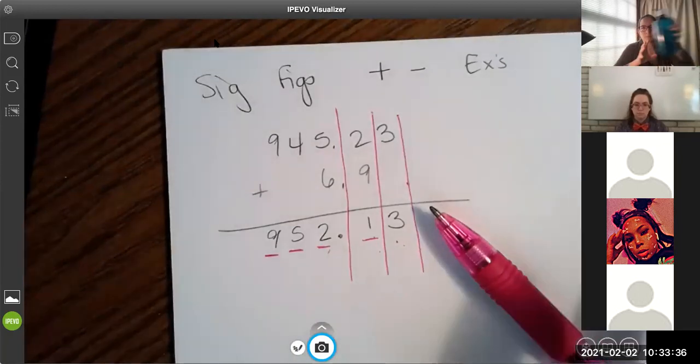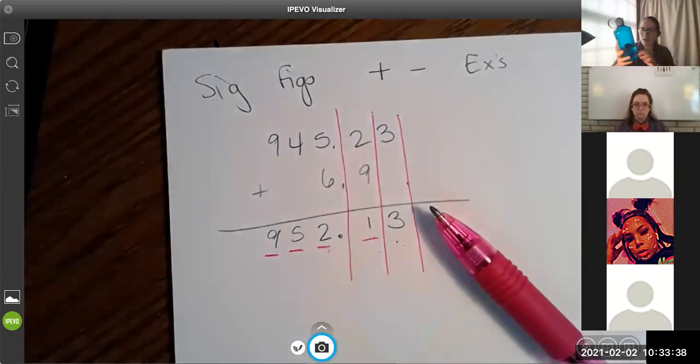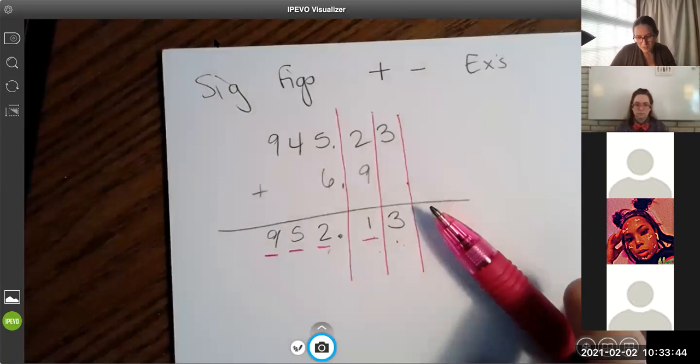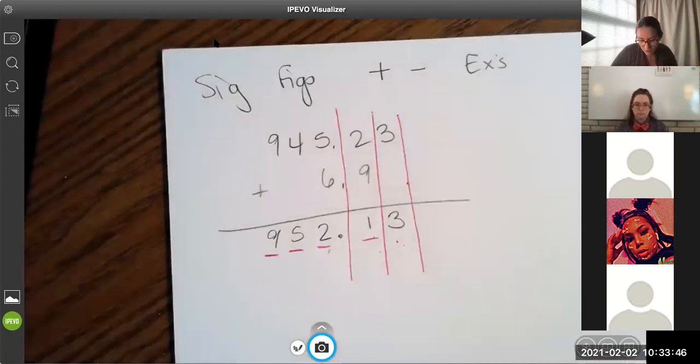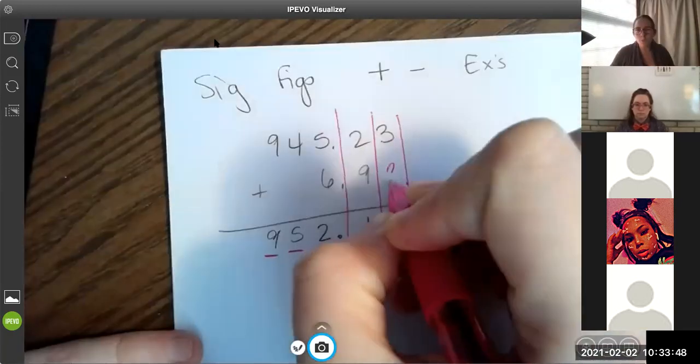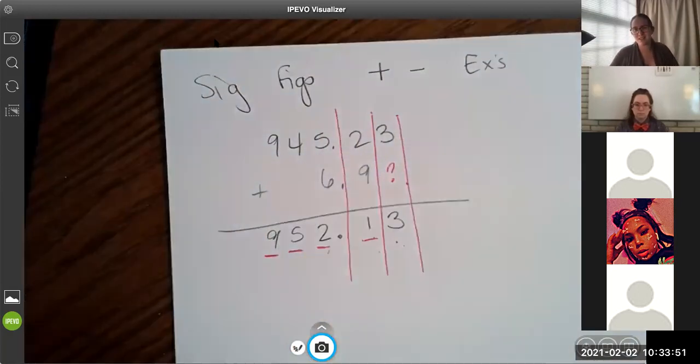But here when we're measuring actual objects, there's some things that we know and some things that we don't know. And in this case, we just don't. You could put a question mark right there. We don't know what that number is because we couldn't see it.